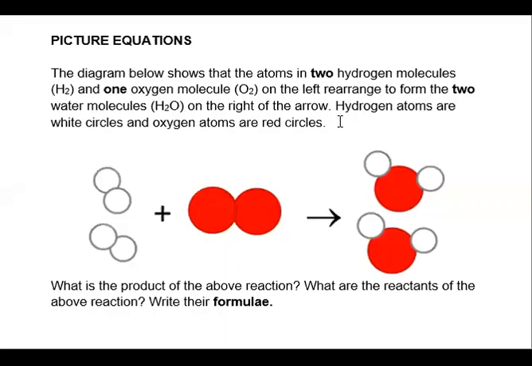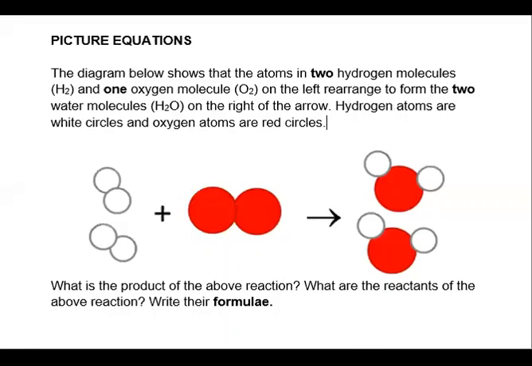If we were to represent a chemical equation using a picture equation, I'm just reading here. The diagram below shows the atoms in 2 hydrogen molecules, H2. Who can tell me why hydrogen atoms are bonded together like that? Why is there two here and then 2 here again? The same with oxygen.